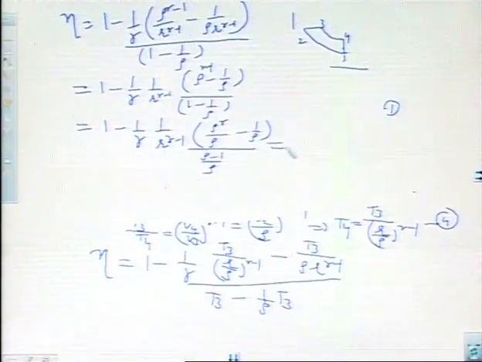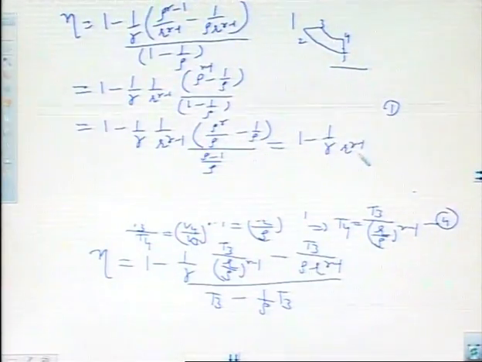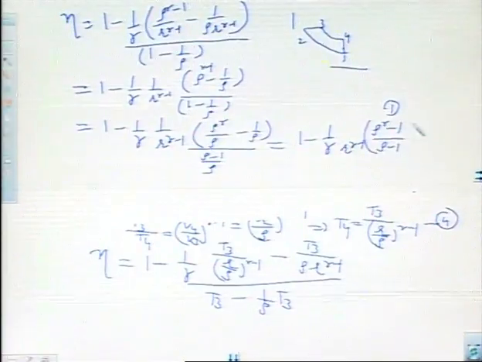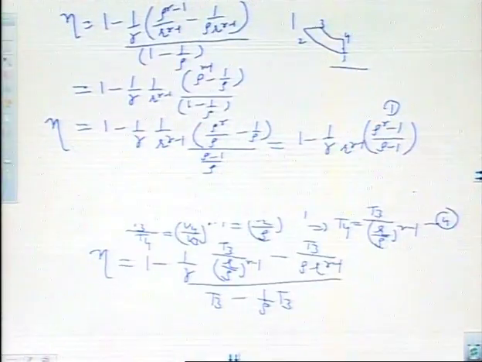This is further equal to 1 minus 1 by gamma, R gamma minus 1, and this is equal to rho gamma minus 1 divided by rho minus 1. This is your relation of air standard efficiency in case of diesel.